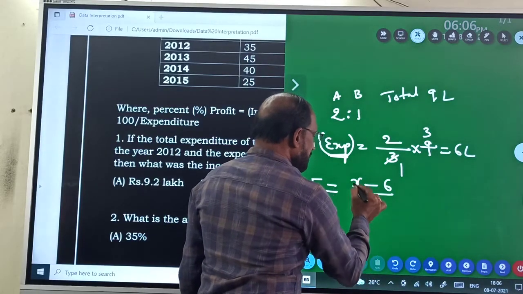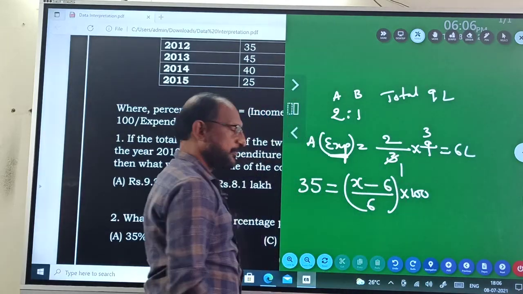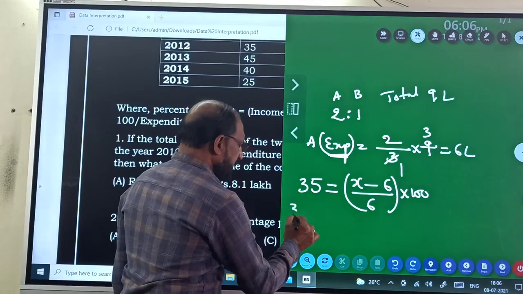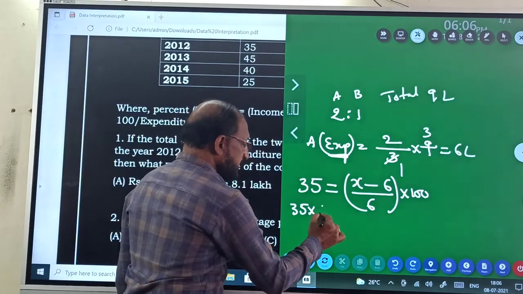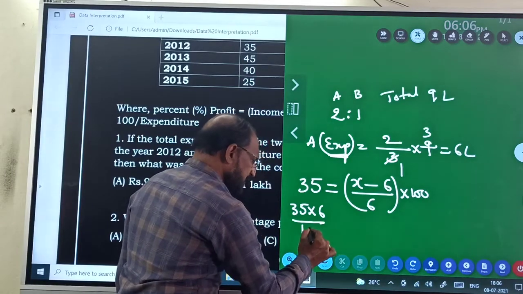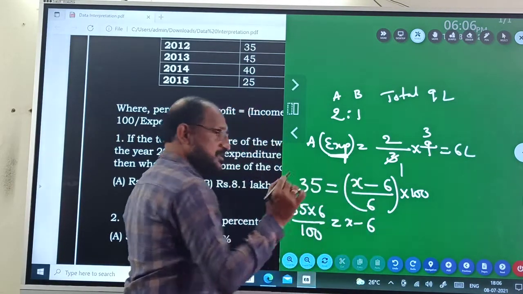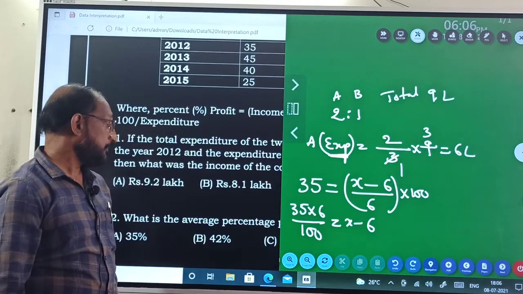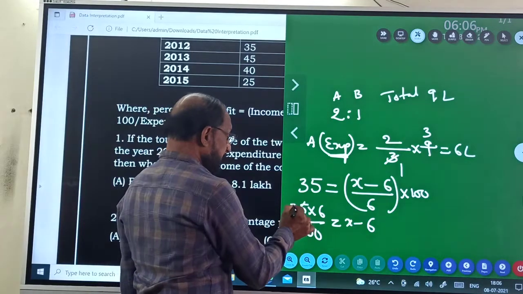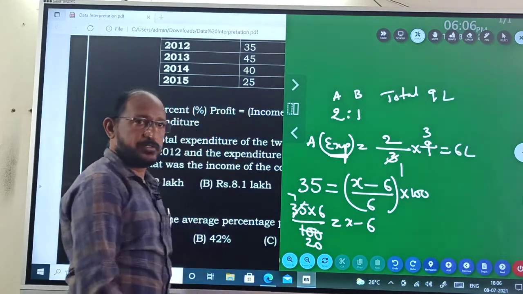Into 100. So 35 equals (X minus 6) by 6, into 100. Cross multiplication: 35 into 6. This 100 also we can simplify. Calculation: 5 sevens are 35, 5 twenties are 100.